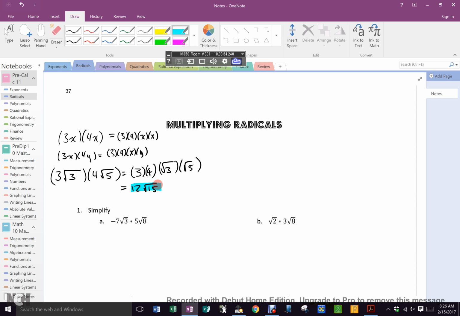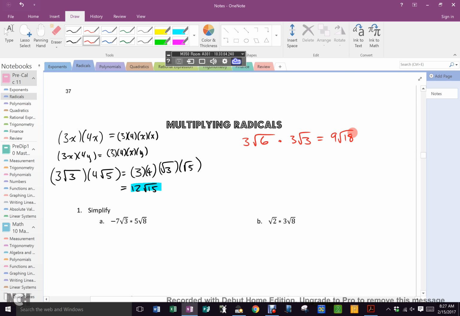Now, of course, as Nav and I were just discussing, sometimes, just like in adding and subtracting, you don't get to stop there. And I'll give you an example of what I mean. If I have 3 root 6 times 3 root 3, what do I get there? Don't show me all the work. Just tell me the answer. 9 root 18.